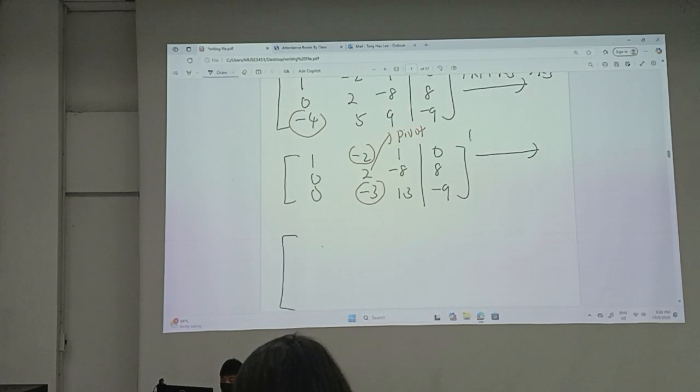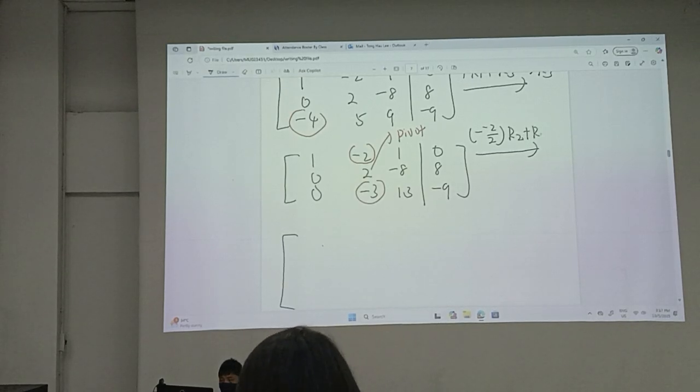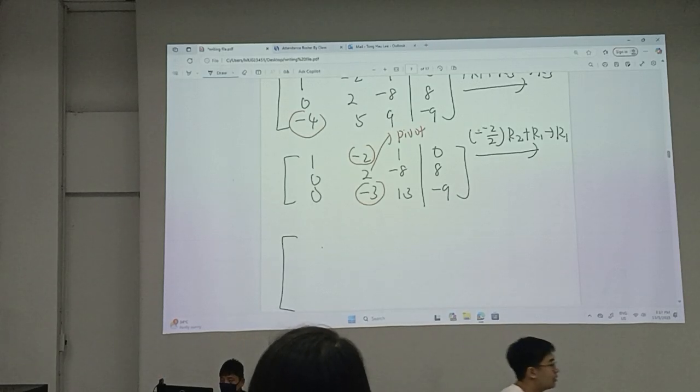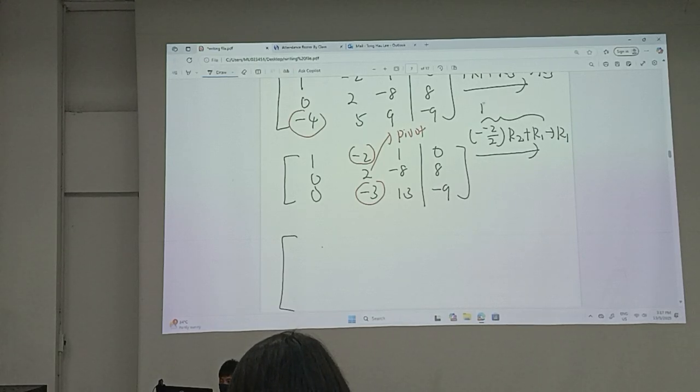Use the same formula. Negative elimination element, negative 2 over pivot 2, multiply with the pivot row, will be R2 or R1? R2. Elimination row is R1. Produce a new R1. So negative, negative 2 cancels out with 2. So this will be R2 plus R1, right?